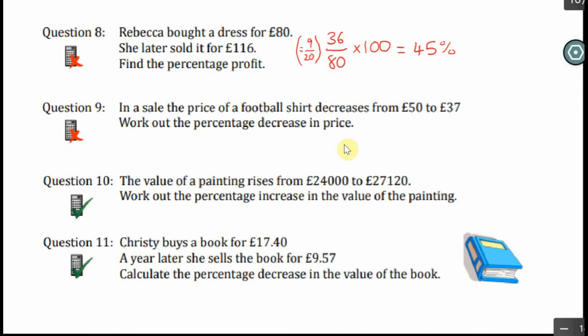And the final non-calculator one, a football shirt decreases from 50 to 37, so that's a decrease of £13 out of the original 50. Now 13/50ths is going to be the same as 26/100ths, so this is 26%.